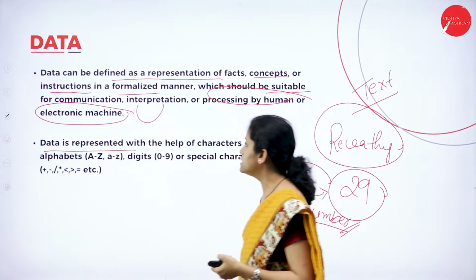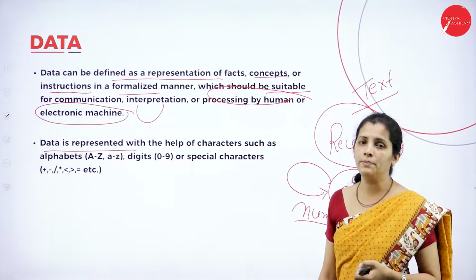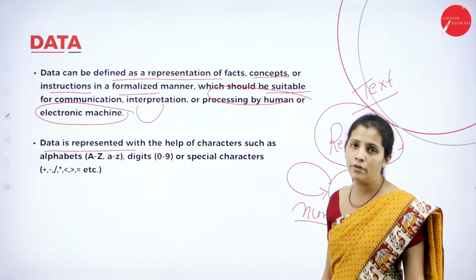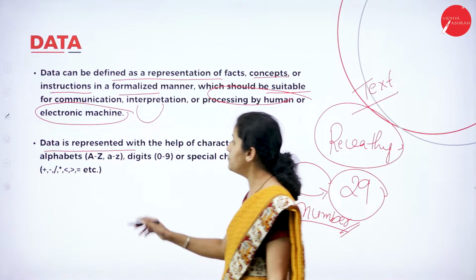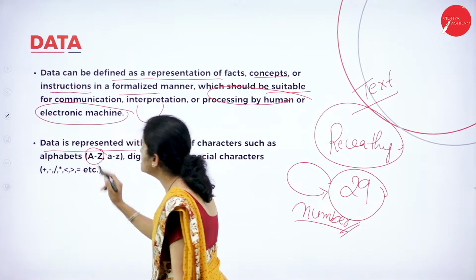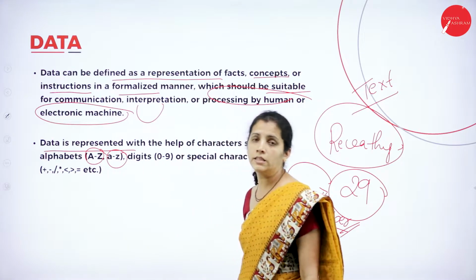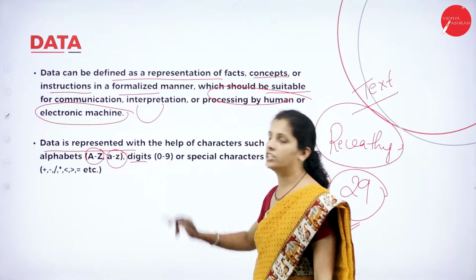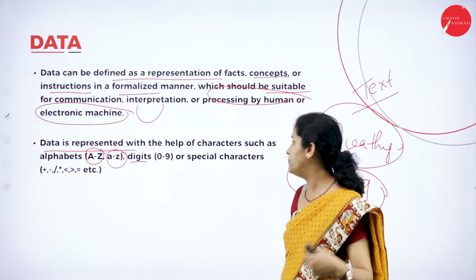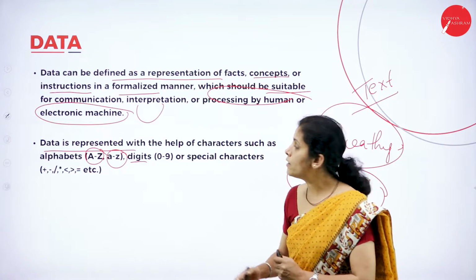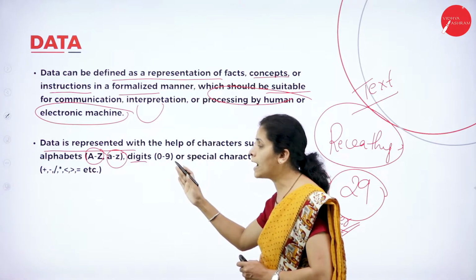Now, data can be represented with the help of alphabets. That means I can consider uppercase alphabets as well as lowercase alphabets, along with digits. And what kind of digits? That is 0 to 9.